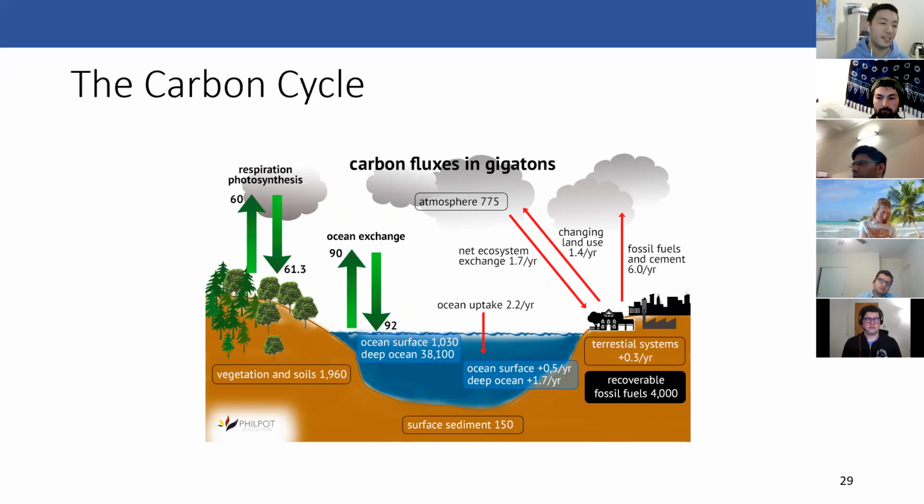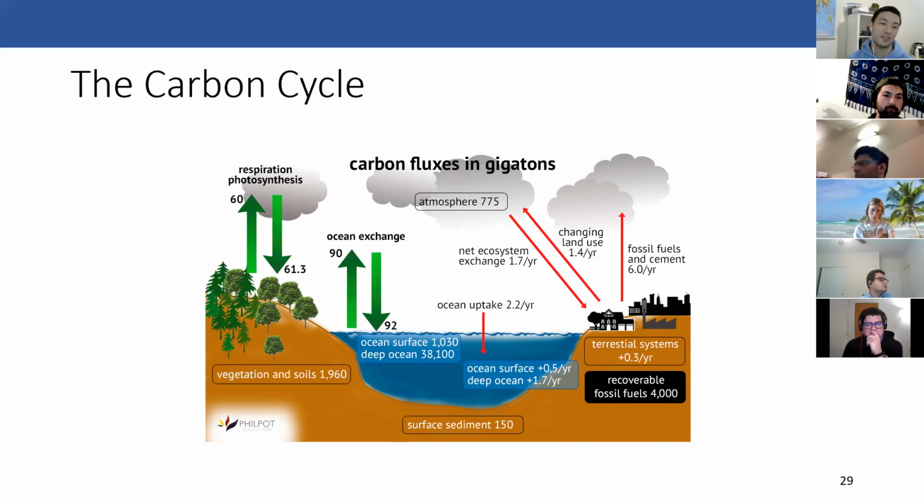Back when I was first learning about this, the simple back-of-the-envelope numbers we had in our head were about 20 gigatons of carbon annually, balanced naturally, and then essentially an equal amount being emitted into the atmosphere.